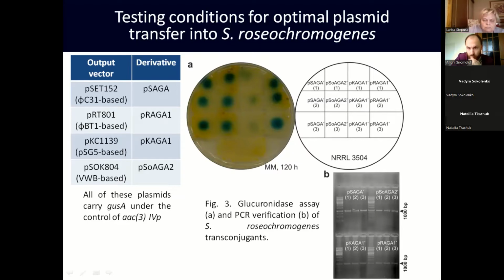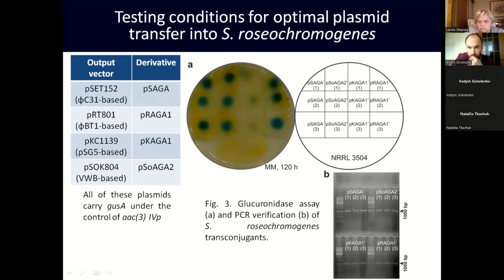All of these plasmids carried the gene gusA under the control of a constitutive promoter, and gusA is responsible for beta-glucuronidase activity in E. coli.